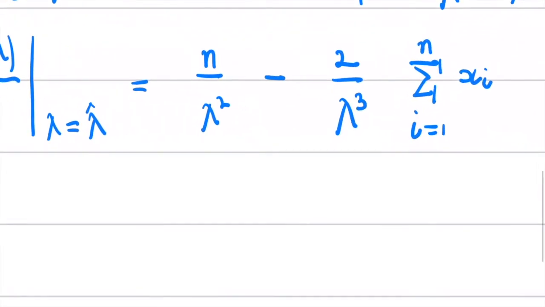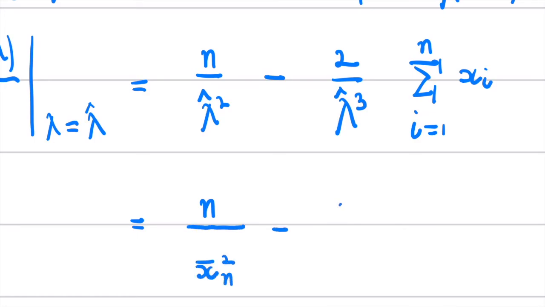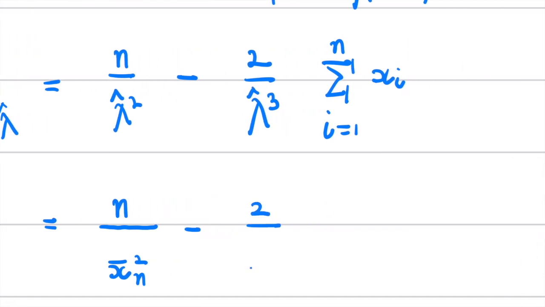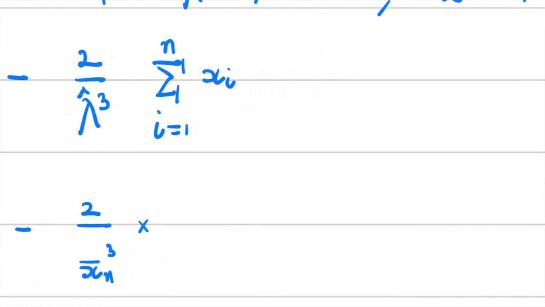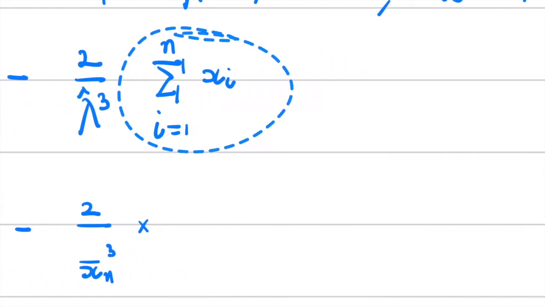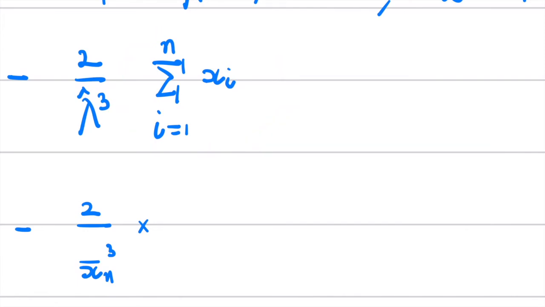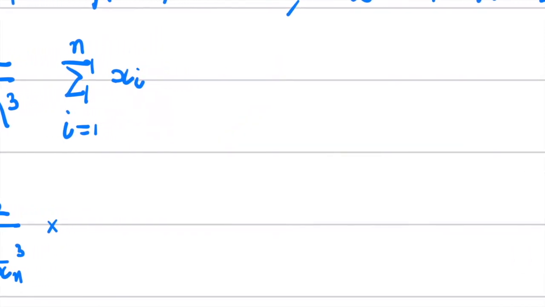So we're evaluating at lambda hat, so instead of writing lambdas here, we're going to write lambda hats. Now, what did we say lambda hat was? Well, we said that was equal to the sample mean, so I'm going to replace that with sample mean squared minus 2 over sample mean cubed times the sum of xi's.